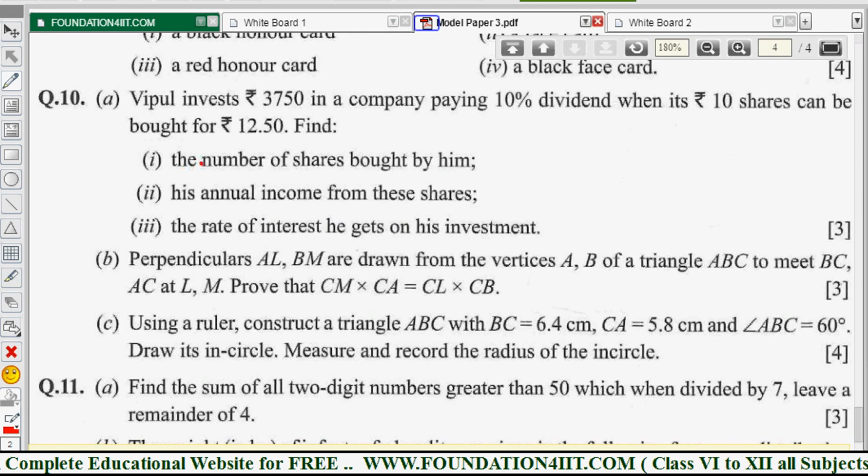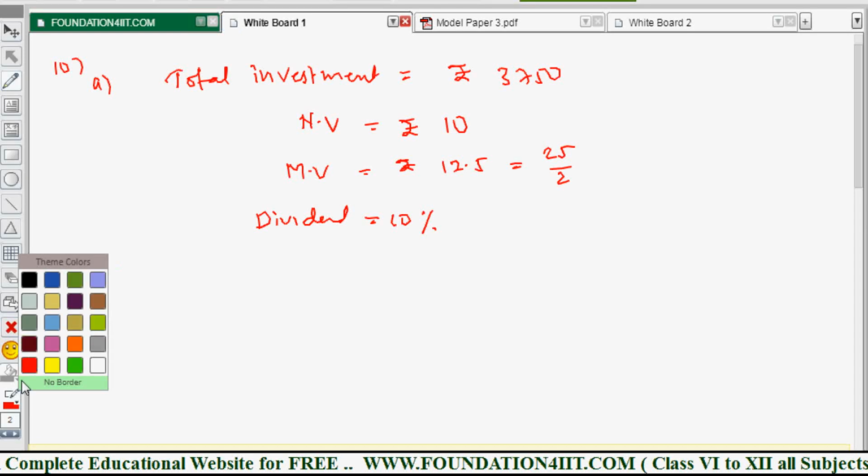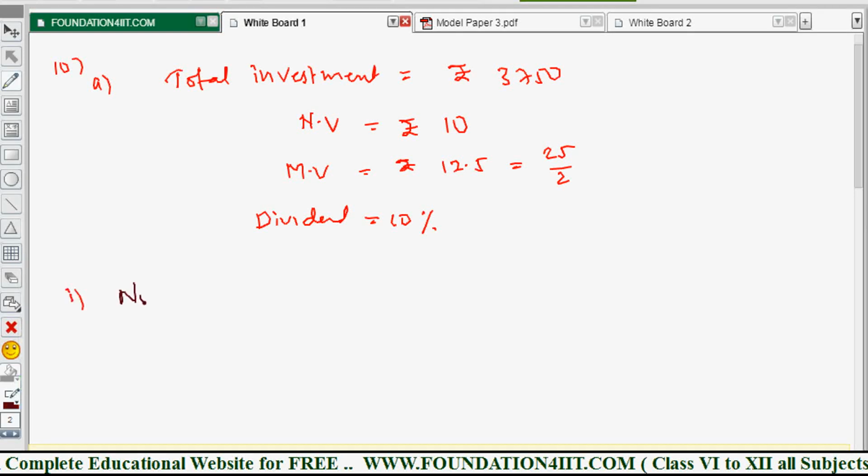First one is the number of shares. So we should know the formulas. If you want to find out the number of shares, number of shares is equal to total investment by market value of one share.